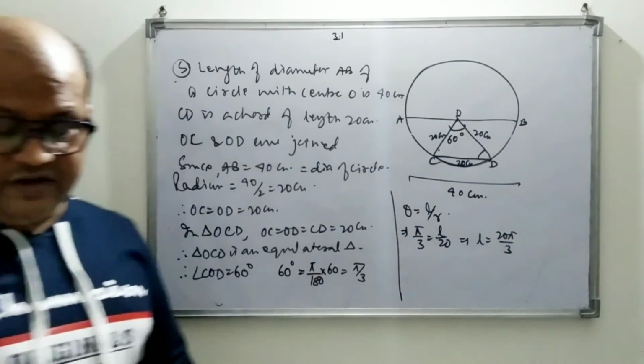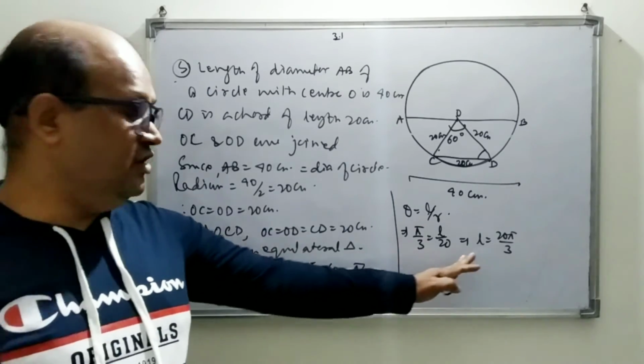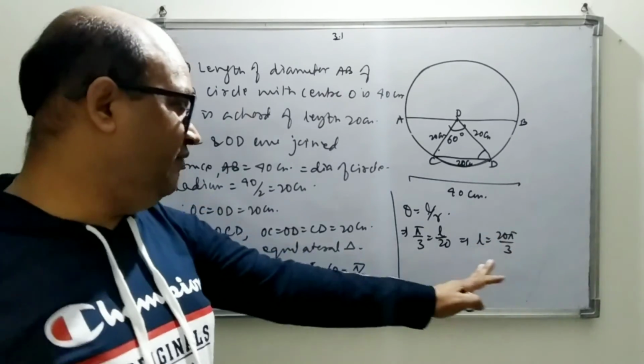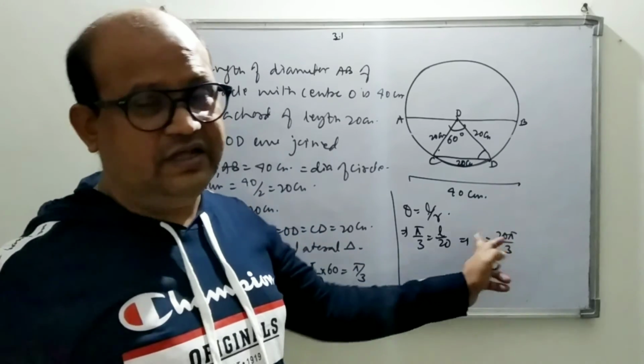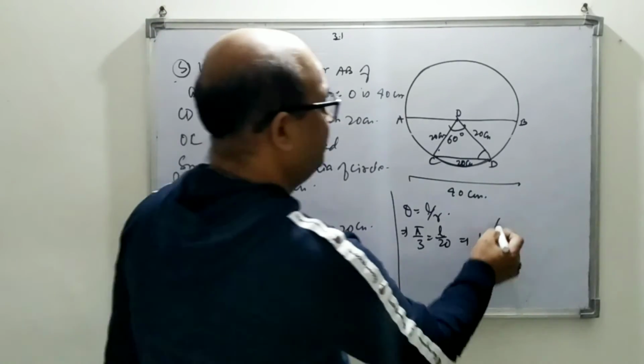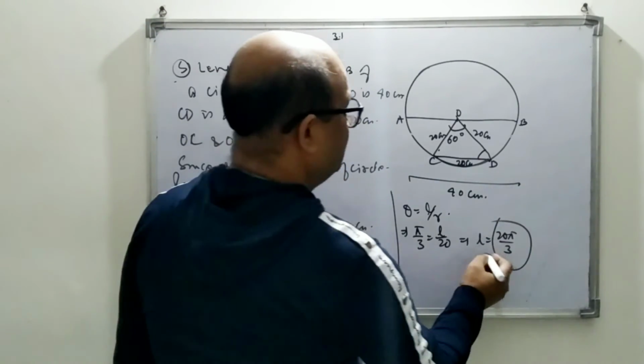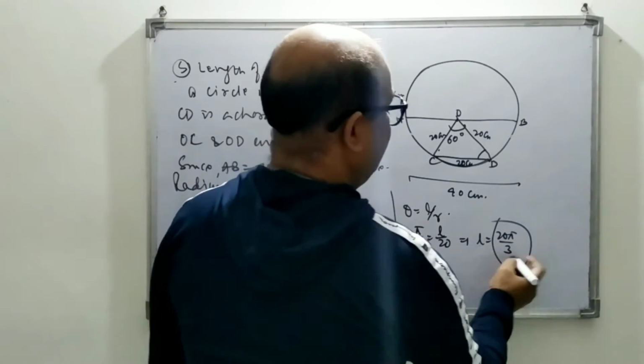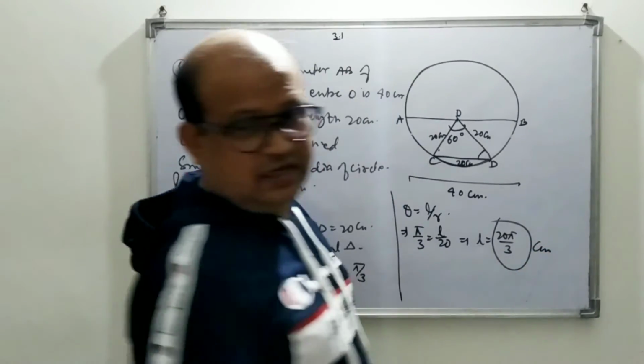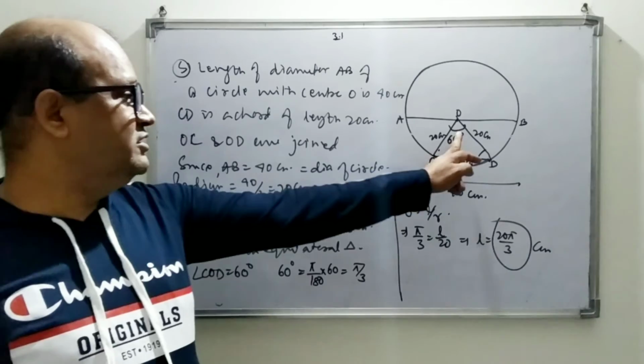If you want to convert it into a numerical value, taking pi equal to 22 by 7, then also you can do it this way. Therefore, 20 pi by 3 centimeter is the length of the chord which subtends angle 60 degrees.